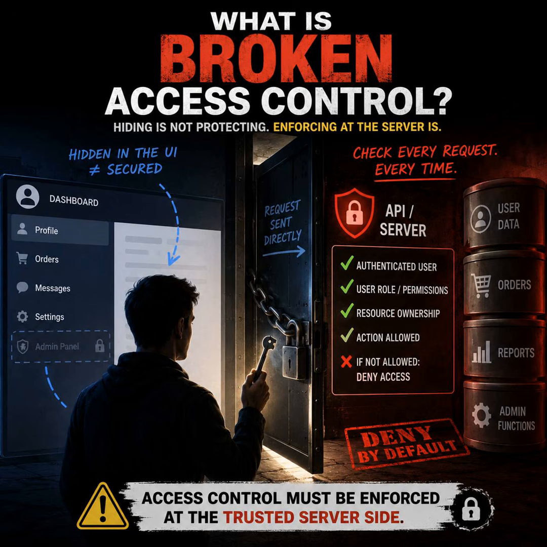A second major form involves access to functions reserved for more privileged roles. An ordinary user may be permitted to update personal settings, but not manage other accounts, approve transactions, change security policy, or view administrative reports. Removing administrative links from the user interface does not enforce that boundary if the underlying endpoint remains available without a role check.